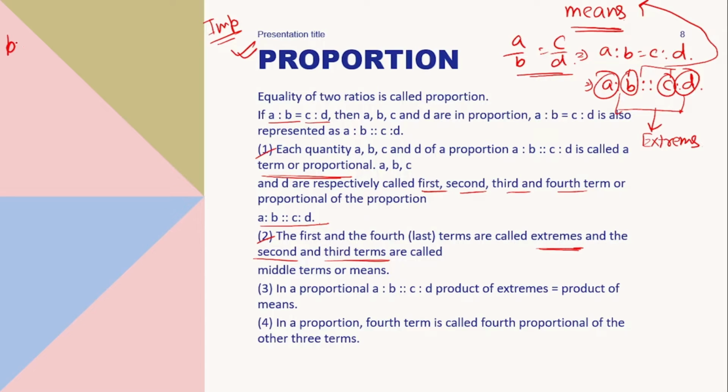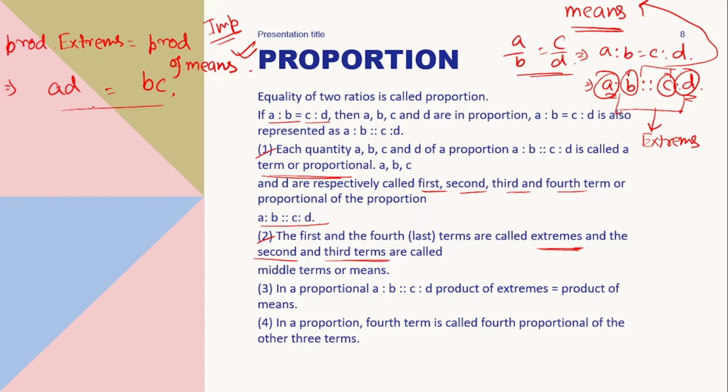It is said that the product of extremes equals the product of means. So here you can write the product of extremes. Extremes are a and d, so their product is ad. And the means are b and c, so their product is bc.